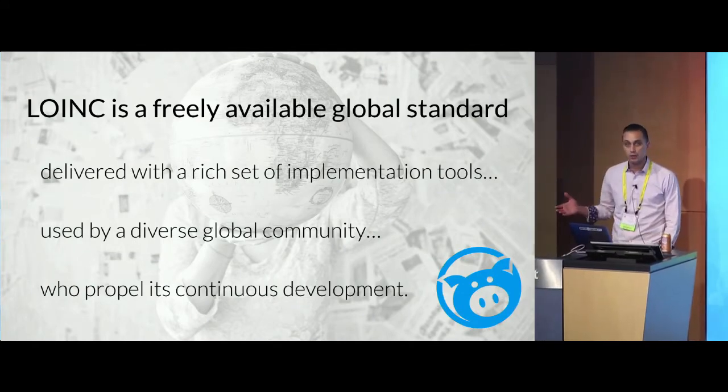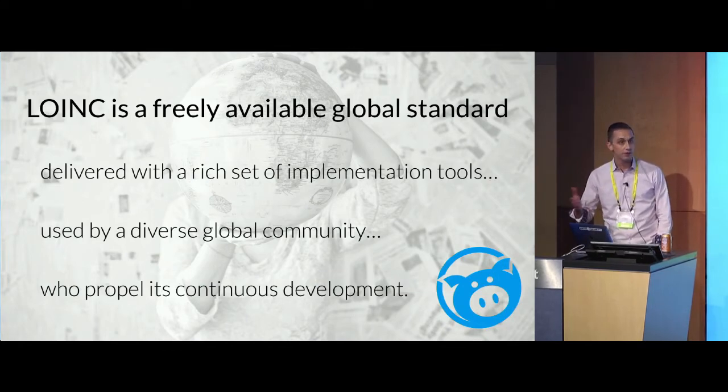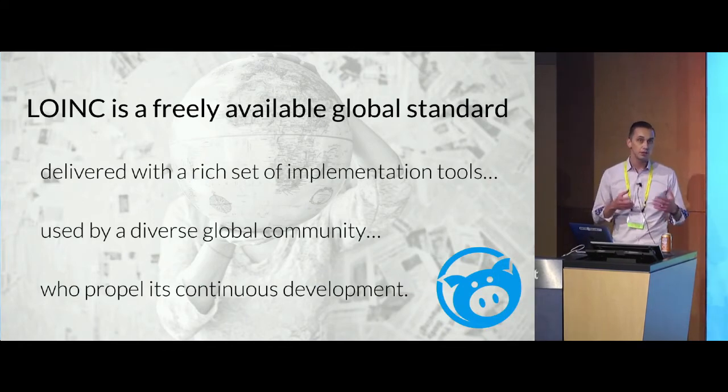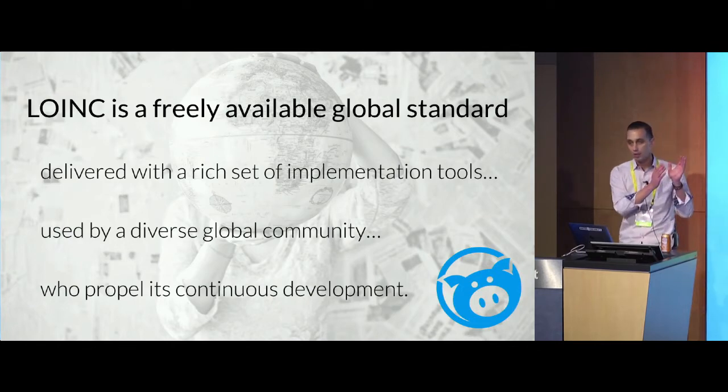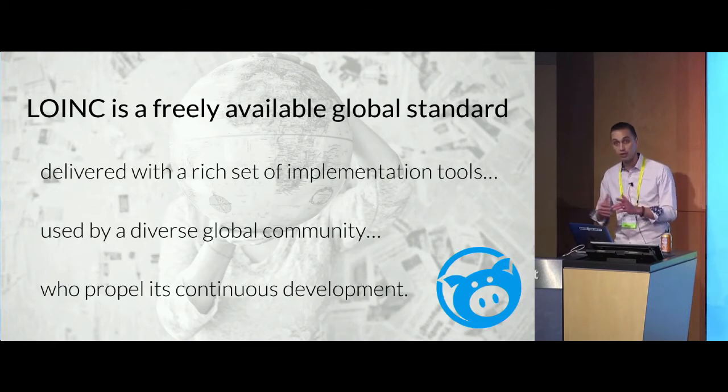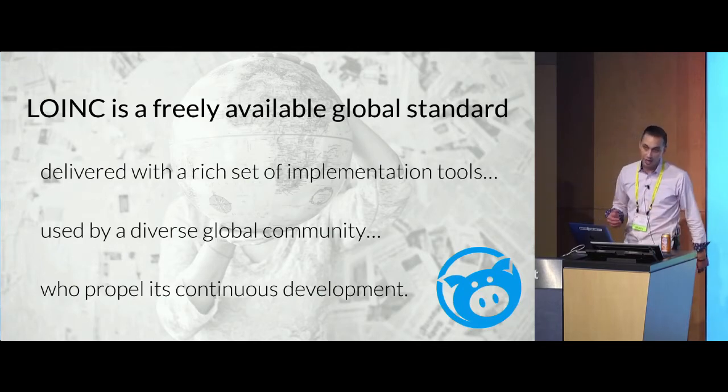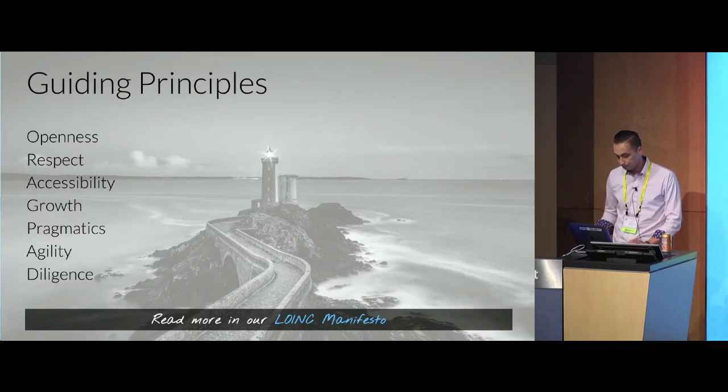It's used by a diverse global community, and just like FHIR, it's that diverse global community that continues to propel LOINC's ongoing development. So all of the new additions to the coding system that have happened in the 25-year history of LOINC are done by end users who are looking to link their local codes to LOINC and then finding gaps, making requests, and we continue to add to the terminology.